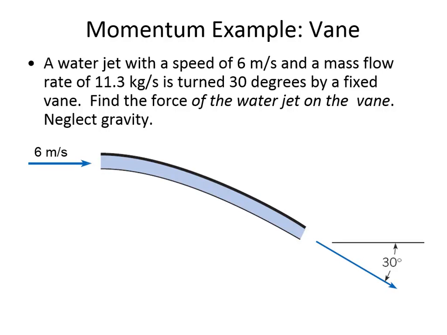I shouldn't substitute in the down component of the velocity quite yet. We've got nothing flowing in. We have flow going out. So we can again put in the 11.3 kilograms per second as the mass flow rate. The velocity is negative 6.0 meters per second times the cosine of 60, or the sine of 30.